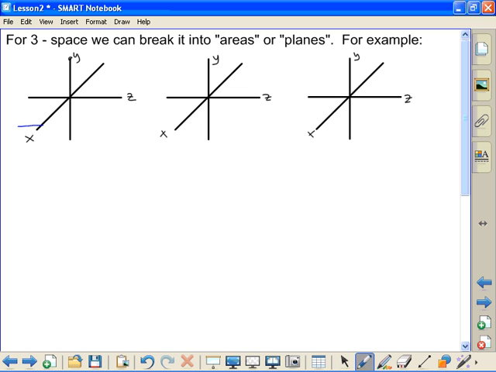I'm going to draw a parallelogram with its sides parallel to the X and Z plane. All right, this is what we call the XZ plane. It's just a piece of paper that all X and Z coordinates would fall on.